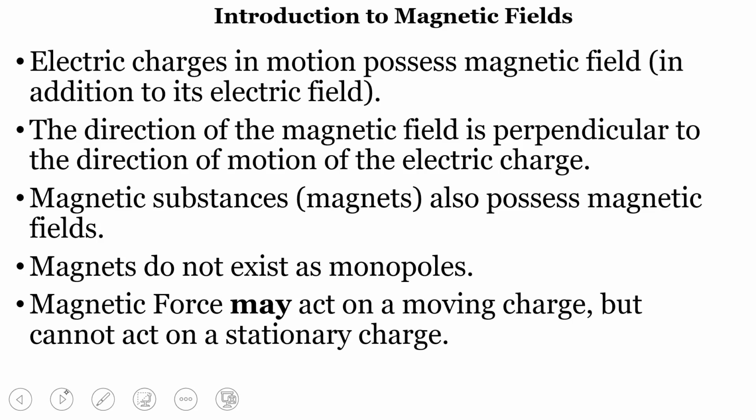So when the electric charge is coming straight from the back of the glass, its magnetic field is not in this direction. It's perpendicular, either this way or that way. It must just be perpendicular to the line of motion.